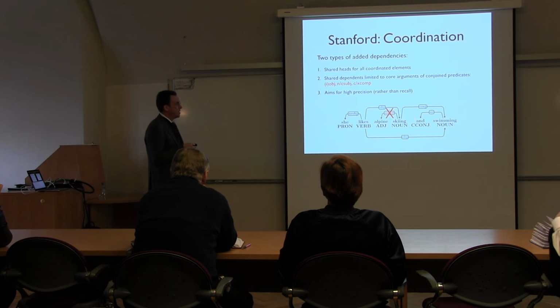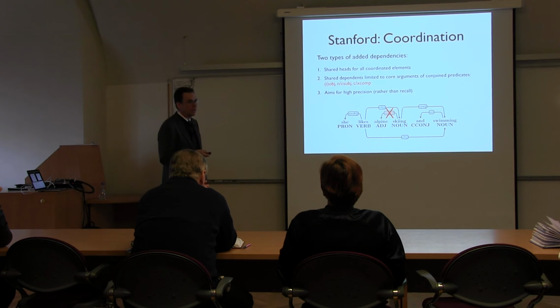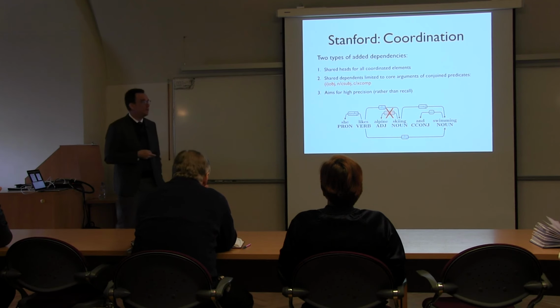So in this case, they don't even consider this alpine as a possible candidate for propagating, which happens to be good for them in this case, because it would be wrong to propagate it. But of course, in many other cases, they will miss relations.